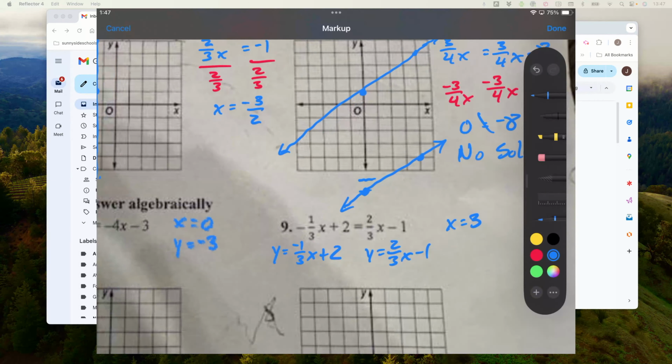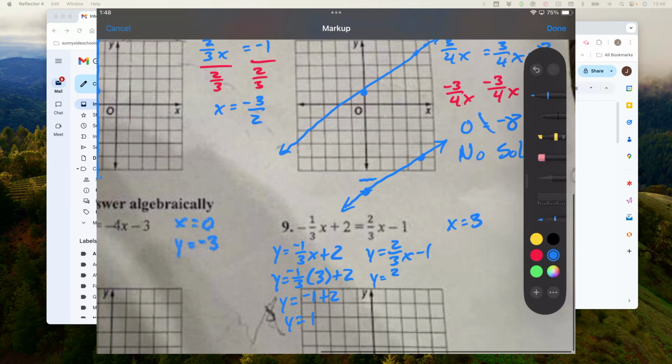So y equals negative 1/3 times 3 plus 2. That's going to be negative 1 plus 2, which is equal to 1.